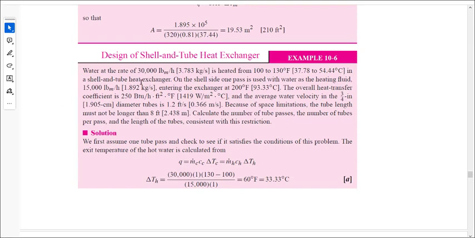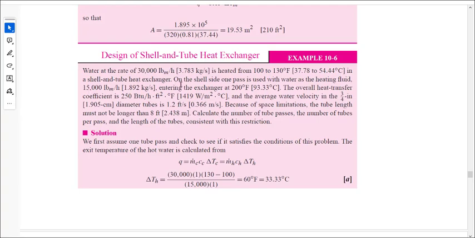Water at a rate of 30,000 lbm per hour, or 3.783 kilogram per second, is heated from 37.78 to 54.44 degrees Celsius in a shell and tube heat exchanger.